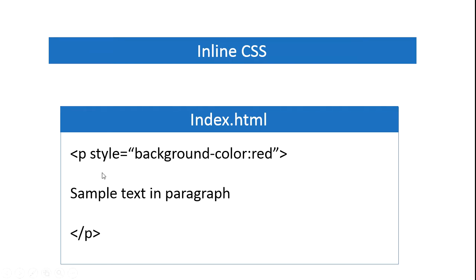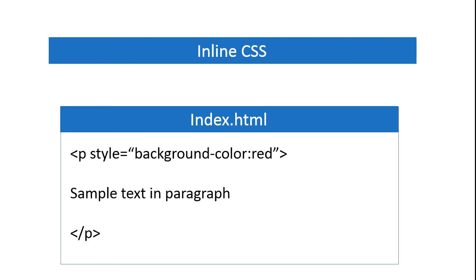Inside the p tag I have added style as an attribute equal to, in double quotes, I can specify the CSS. So this CSS will be applied to the paragraph. Similarly, inline CSS can be implemented for any HTML element. The way is the same. For example, if you are using a div tag, you can use div style equals to, and specify the style for it.